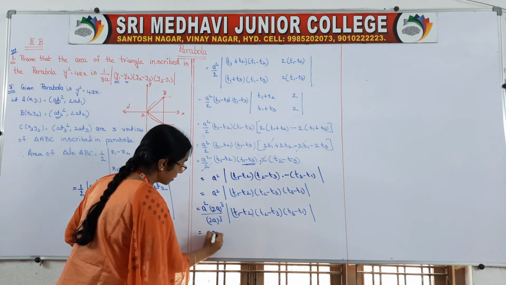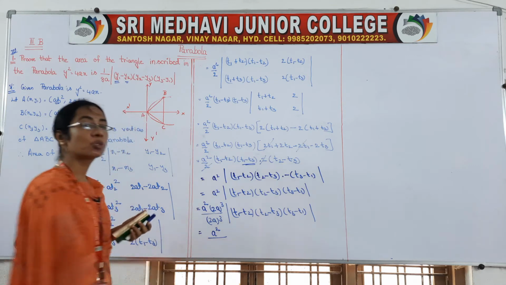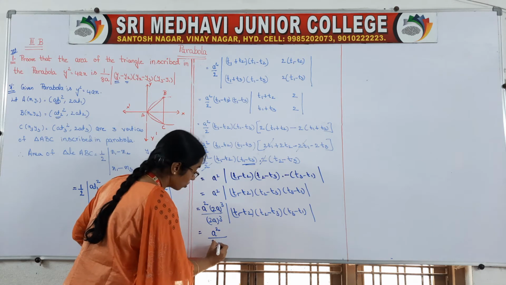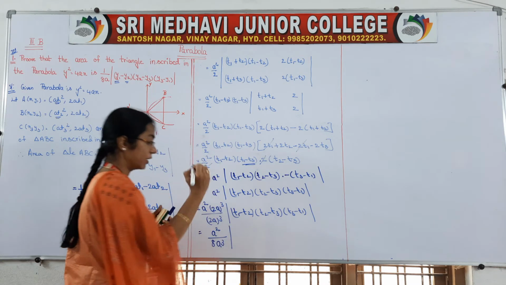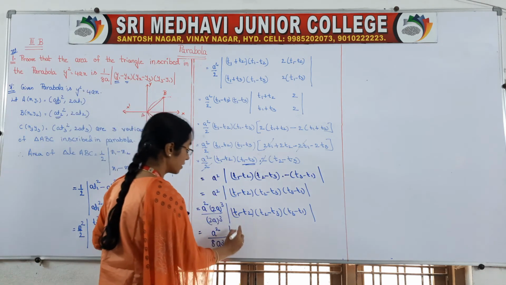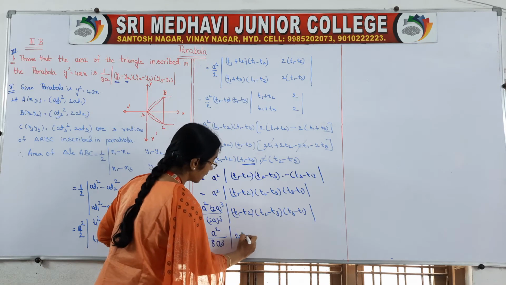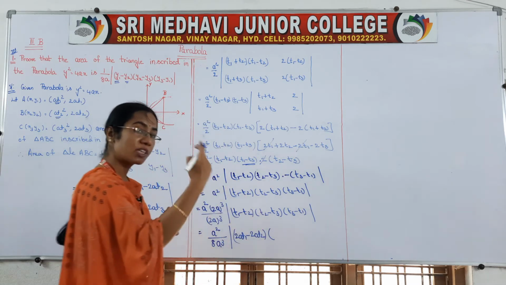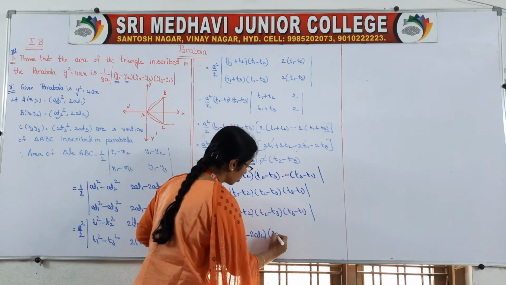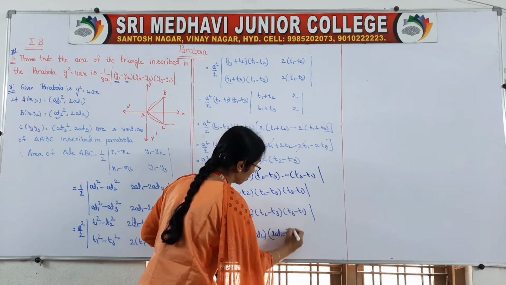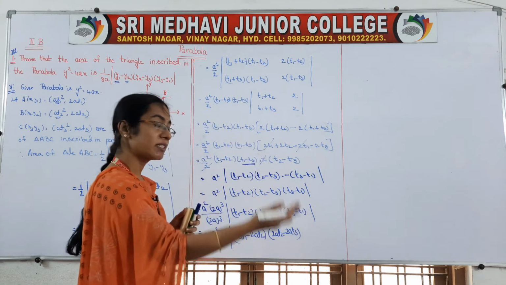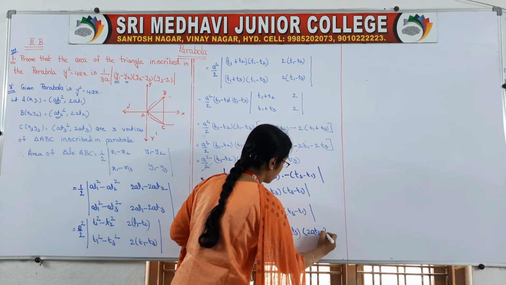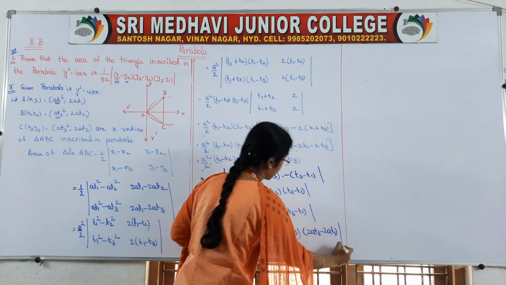And it is a square by 2 cube: 2 twos are 4, 4 twos are 8, so 8a cube, into 2a t1 minus 2a t2, 2a t2 minus 2a t3, and 2a t3 minus 2a t1.